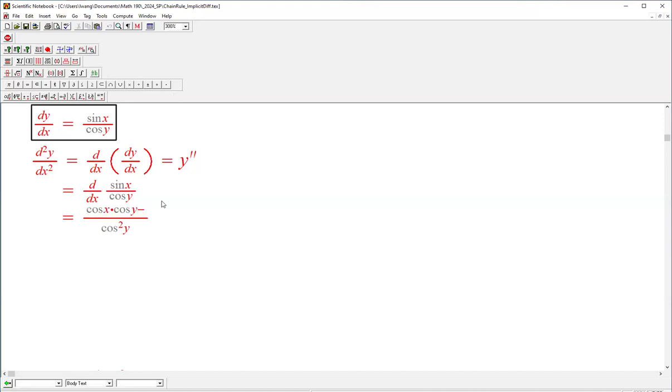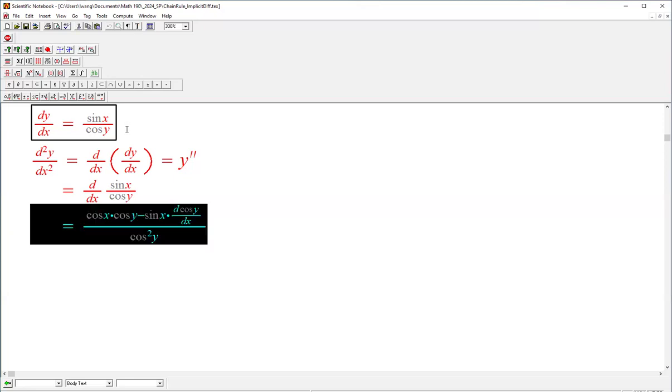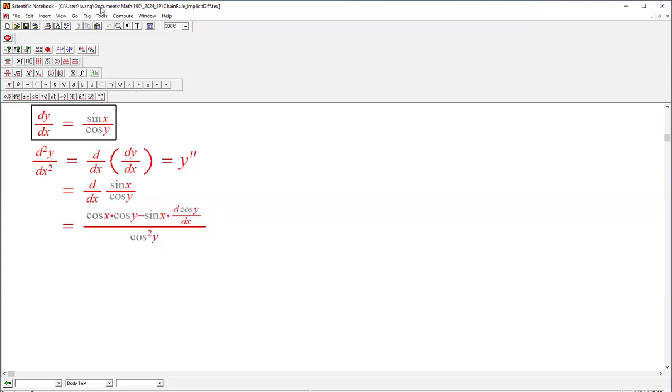Subtracting sine x, staying the same, multiplied by cosine y being differentiated with respect to x. So we need to use chain rule here. Don't forget that. We're taking the derivative with respect to x, so for that part we introduce chain rule. Of course, we apply chain rule.